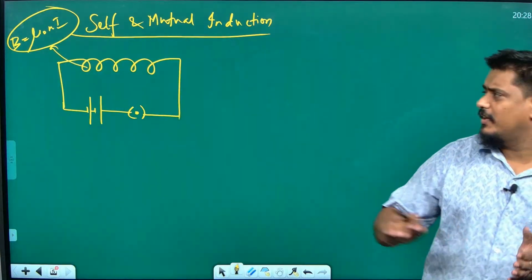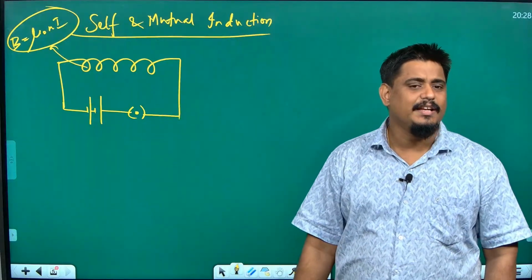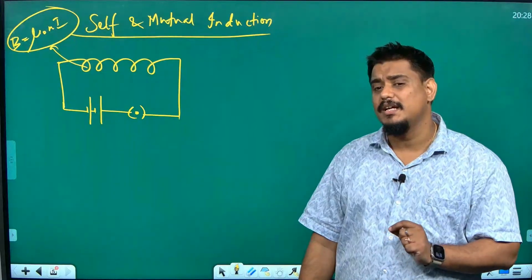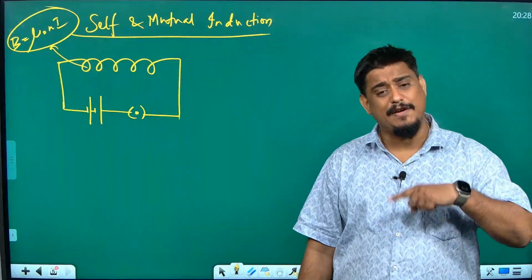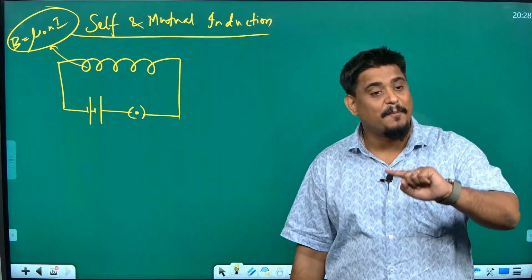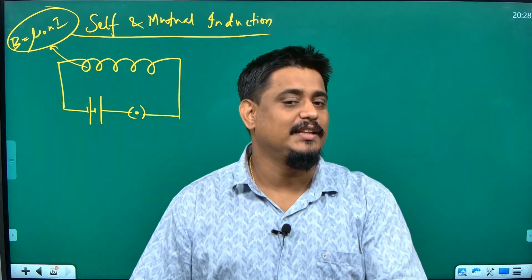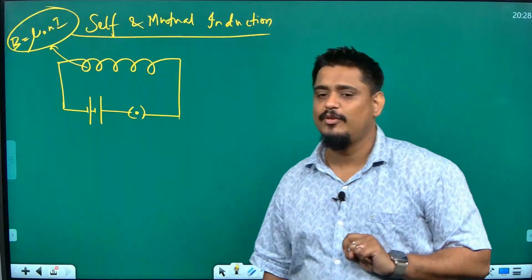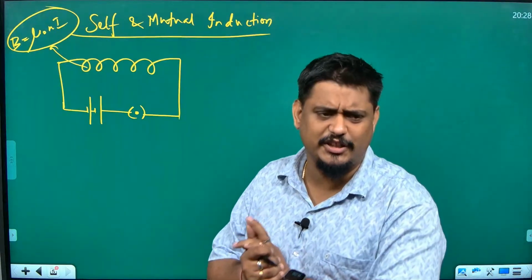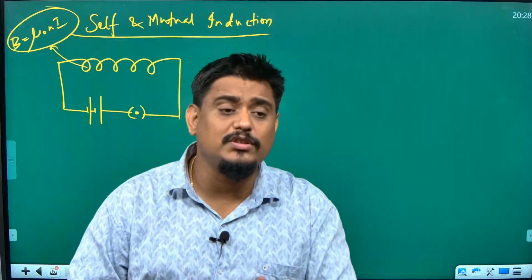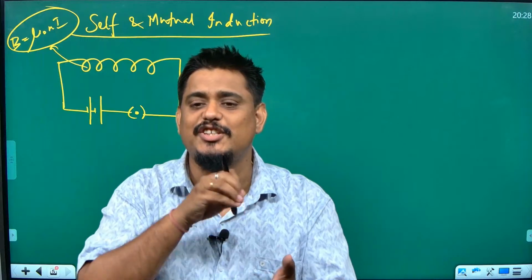So whenever I switch the battery on or off, there is going to be a current change, which will create a magnetic field change, which will create a magnetic flux change, which will create an induced EMF. This principle overall is called self-induction. Self-induction is when the induced EMF is produced in the same coil where there is a change in magnetic flux.